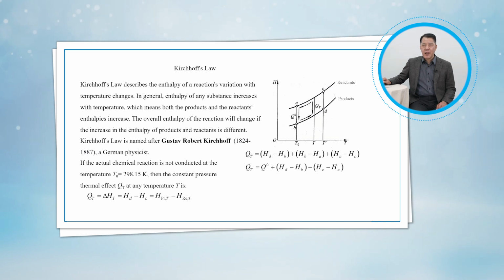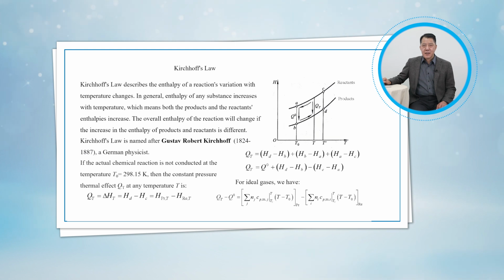The constant pressure thermal effect can be expressed as, which is the sum of the standard heat output and the difference of sensible enthalpies for products and reactants.